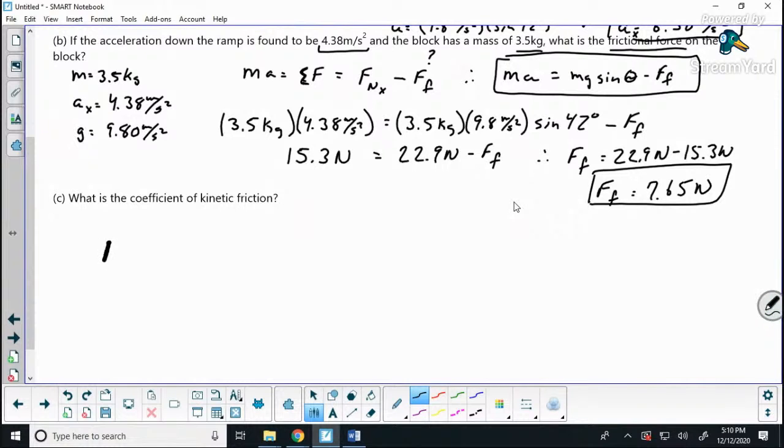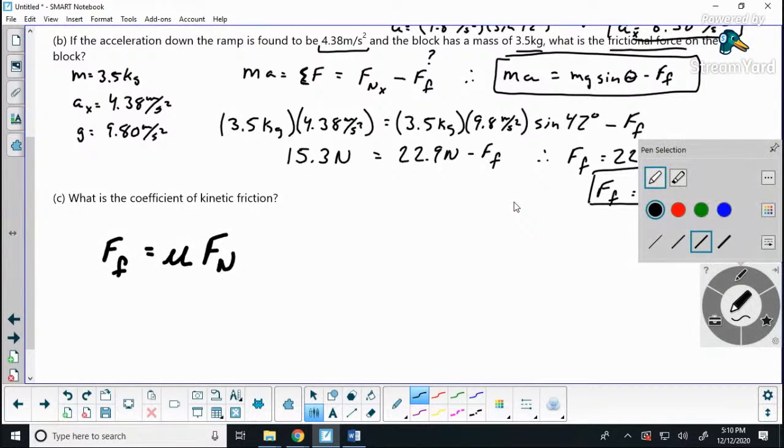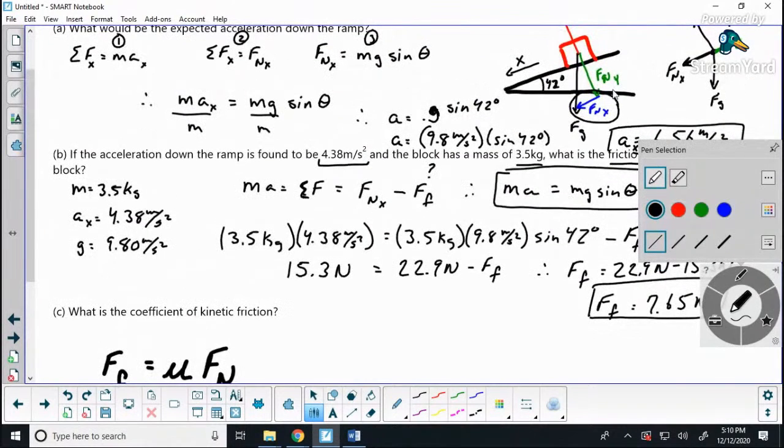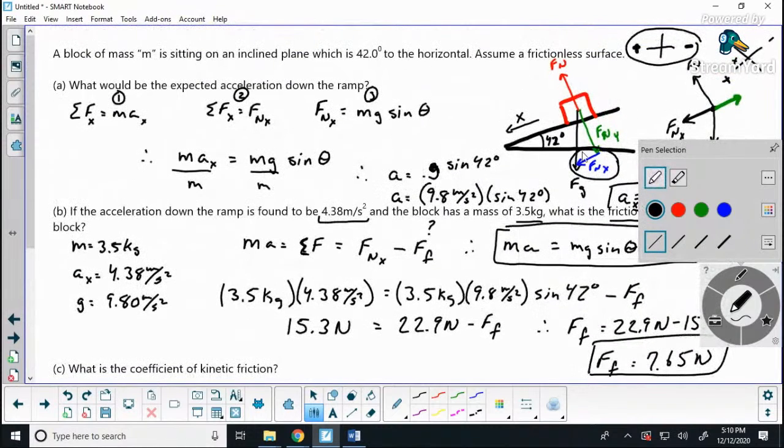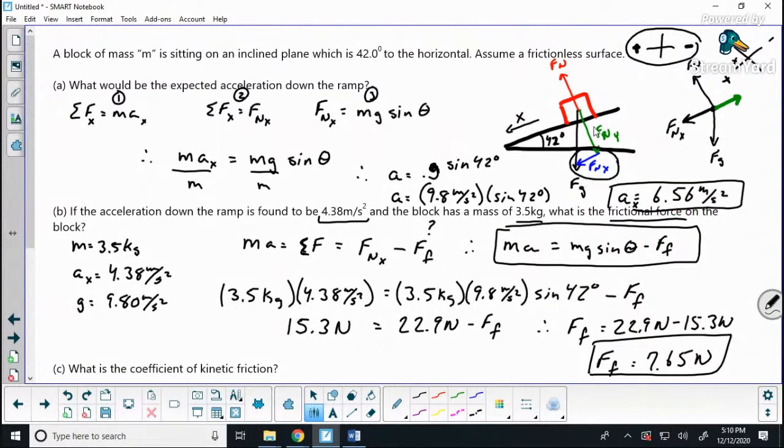And for this, we go back to our equation that force of friction equals mu, or the coefficient of friction, times force normal. But that force normal, we go back up to our diagram, we're looking at force normal in the y, because force normal in the x is what moved us down the plane.